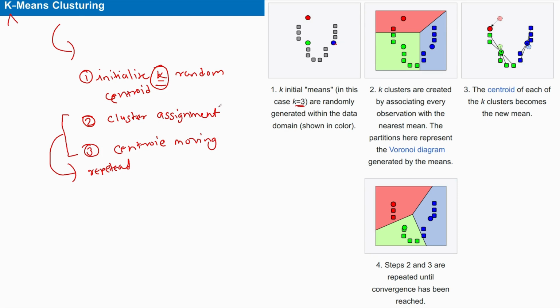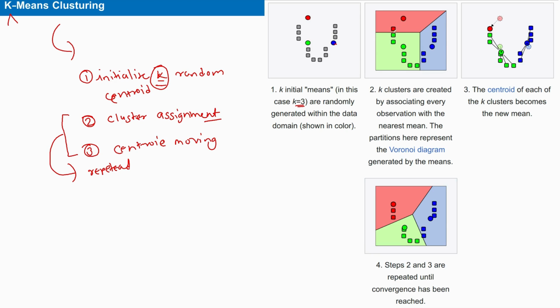Then the next step is the cluster assignment step. In this step, with respect to the randomly generated centroids, we need to find the Euclidean distance between each data point and those centroids. Whichever points are closest, we assign those points to that particular centroid only.